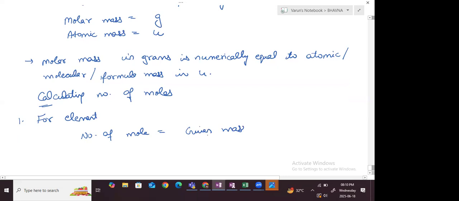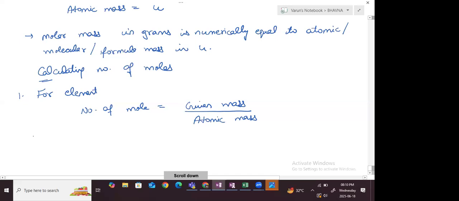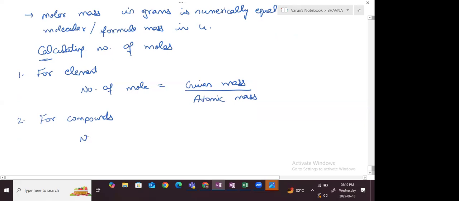As it is an element, meaning the same type of atoms, it is given mass divided by atomic mass. If we have a compound, meaning molecules, then for compounds or molecules, the number of moles will be equal to given mass divided by what?